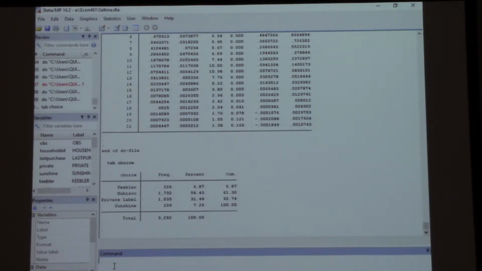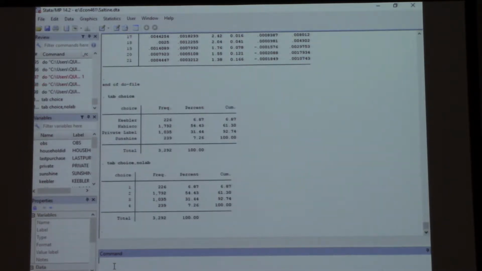Remember, these are just numerical 1, 2, 3, and 4. But I defined them alphabetically, so 1 was K, 2 was N, and so on.